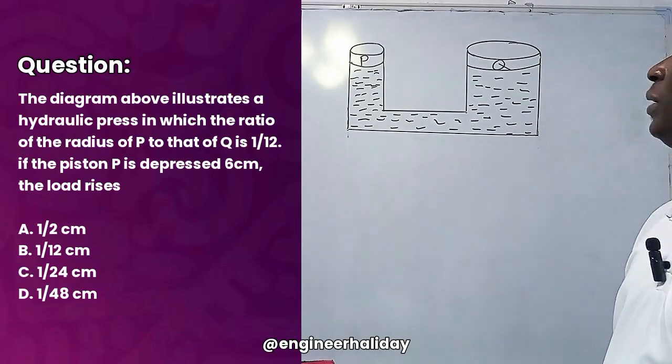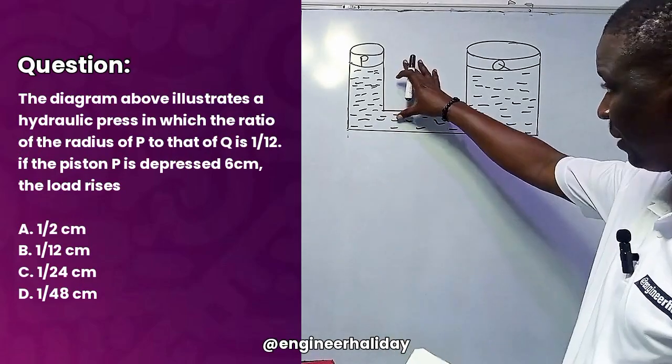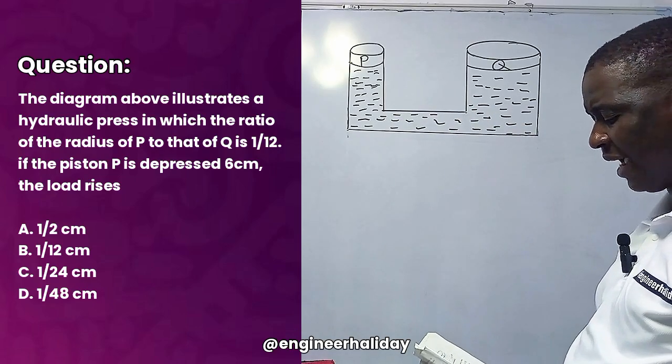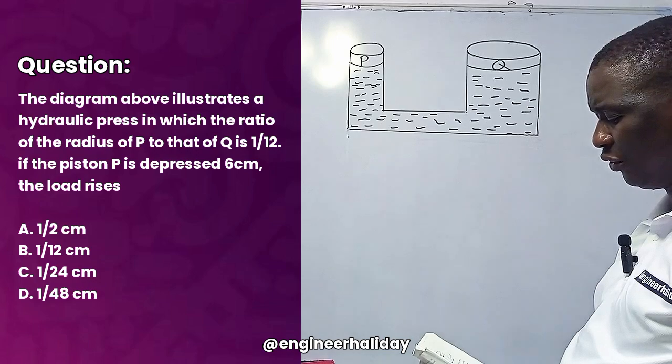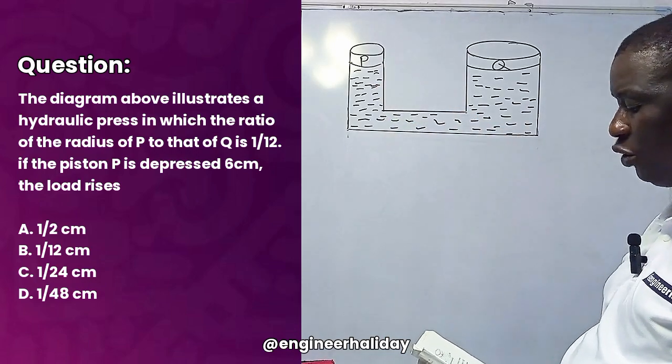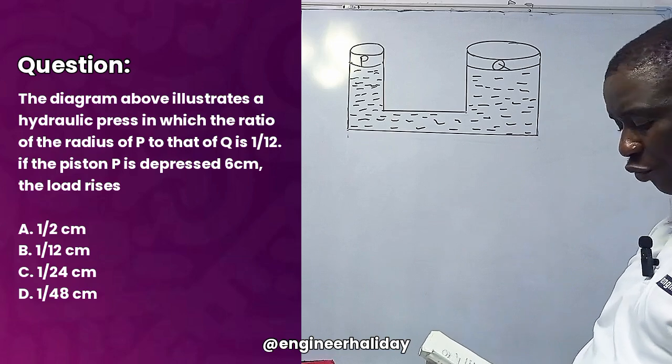Now, we want to solve this problem. The question, the diagram is on the board, and it said the diagram above illustrates a hydraulic press in which the ratio of the radius of P to that of Q is 1/12.